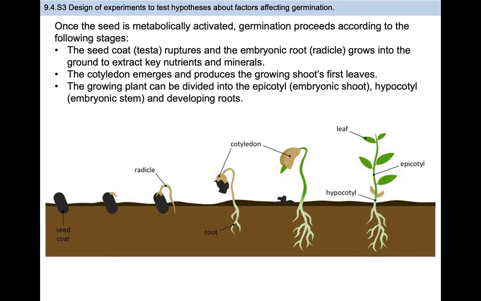The cotyledon emerges and produces a growing shoot's leaves first. A monocot will just have one leaf, whereas a dicot will initially have two. And the growing plant can be divided into the embryonic shoot, and the stem and developing roots.